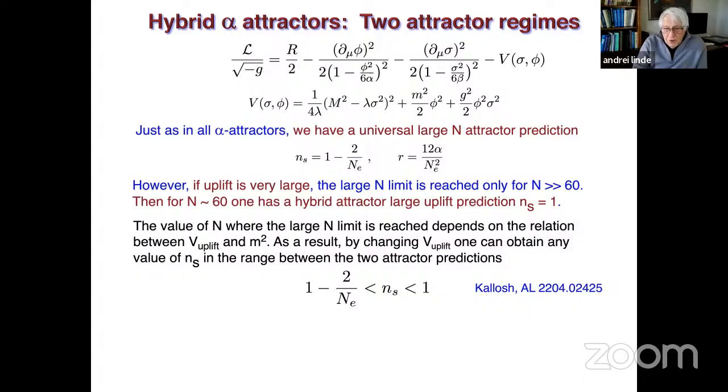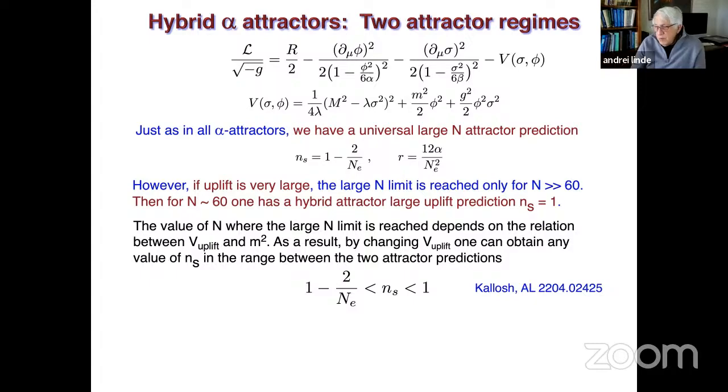So what we have here is a strange situation that depends on the strength of the uplifting term, which is in our hands, this is just a model. If the uplifting term is not too large, then your predictions are the same as in the normal theory of alpha attractors. But if I continue raising and raising uplifting, then the prediction matches the standard hybrid model.